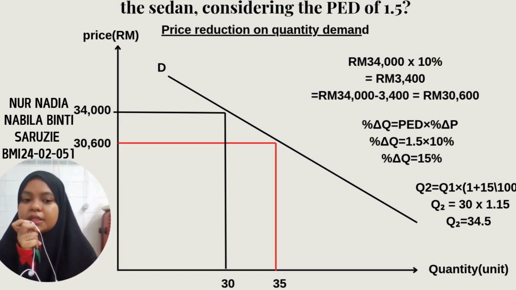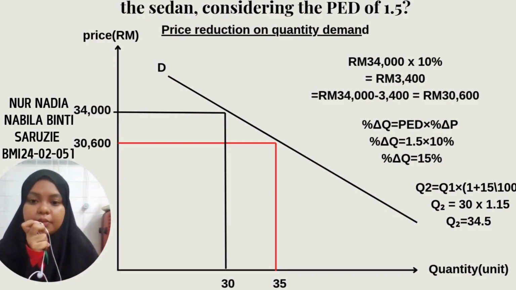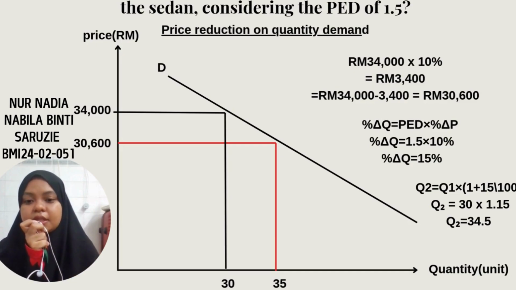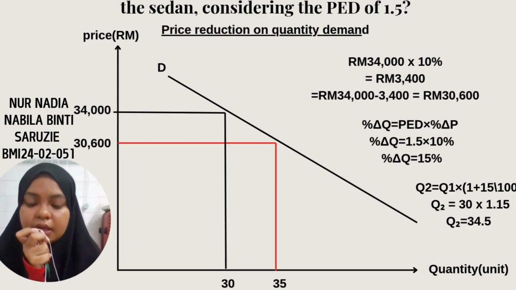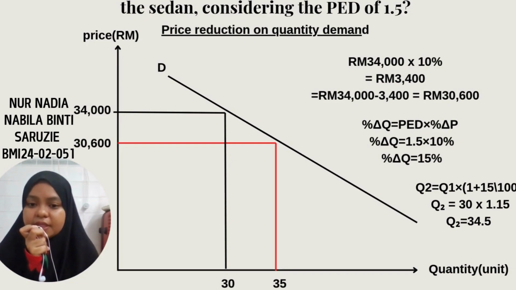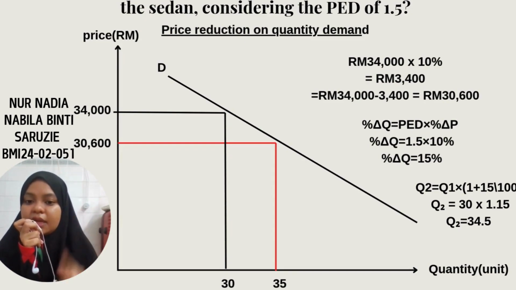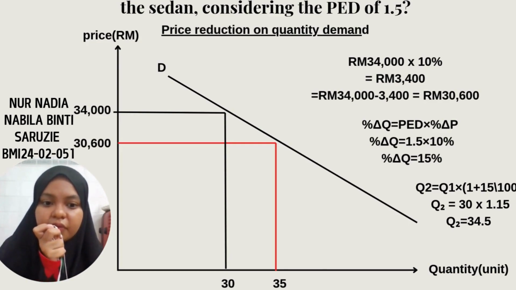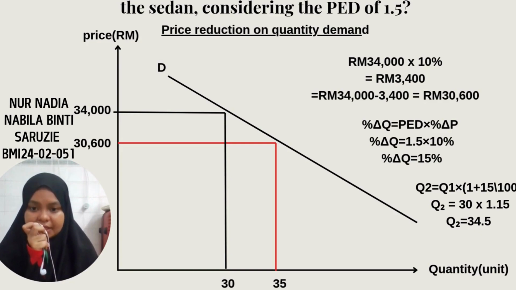The second step is to calculate the change in quantity. The percentage change in quantity equals PED times the percentage change in price. So 1.5 times 10% will be 15, so we get 15% for the new quantity.